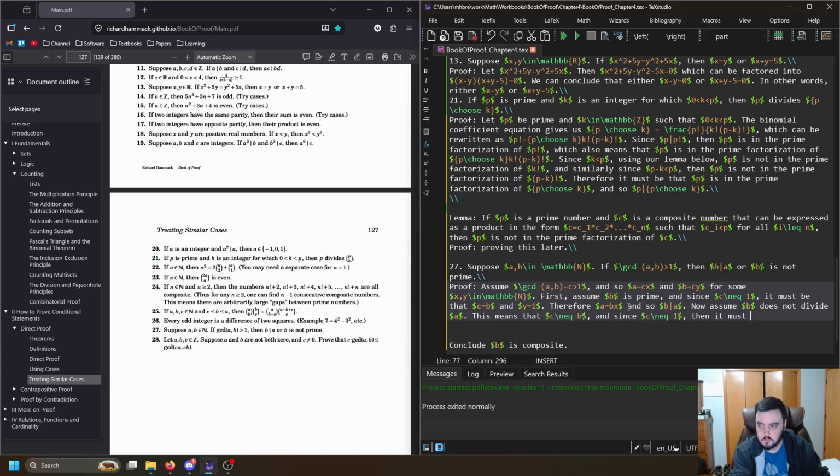It must be that. Yeah, then B is composite since C divides B. Right. There we go. Kind of roundabout.